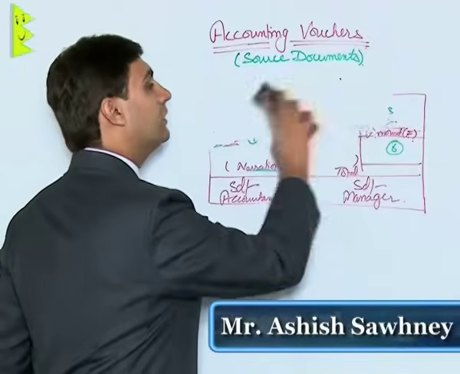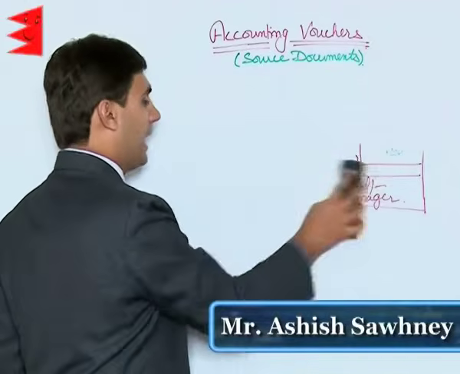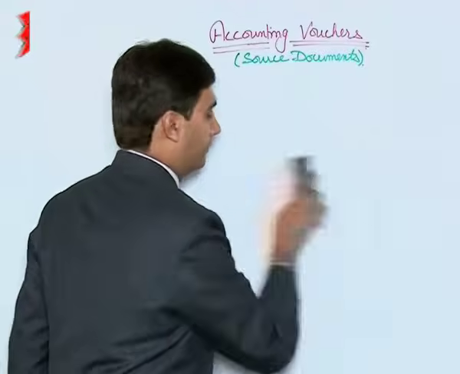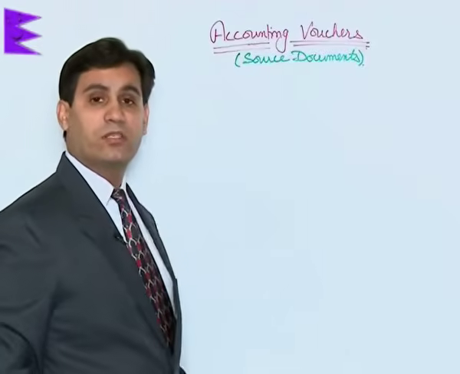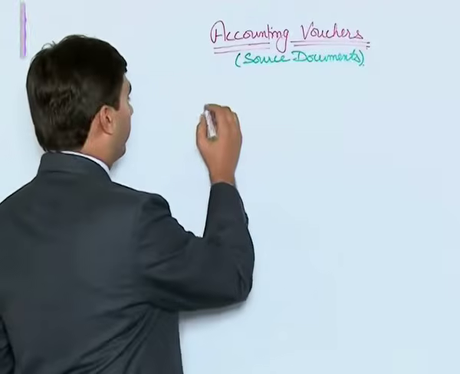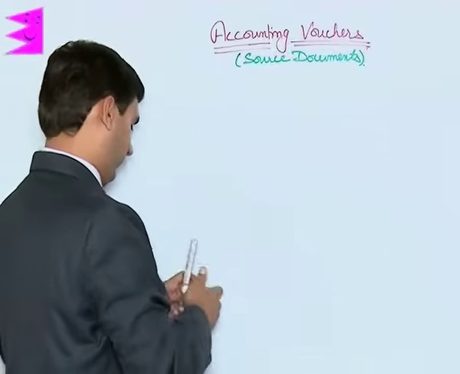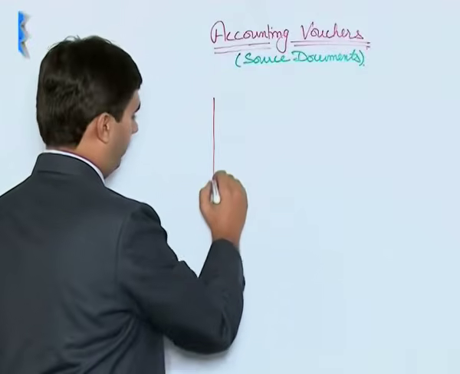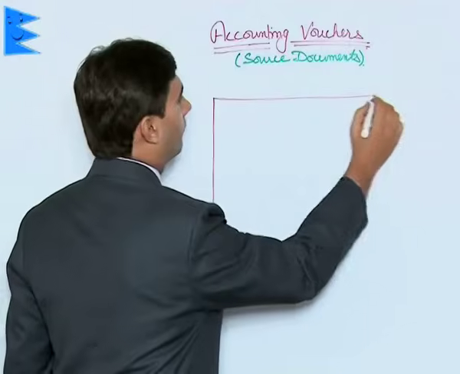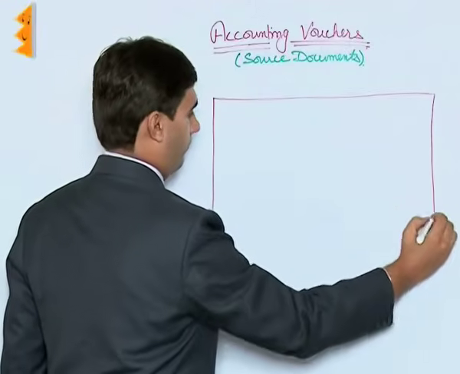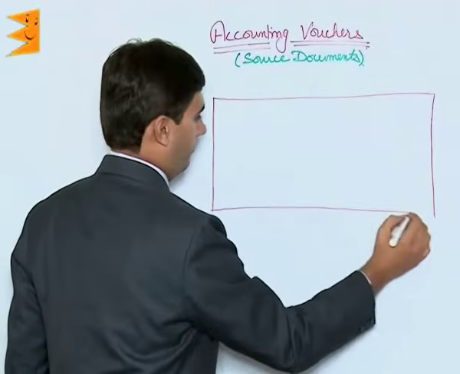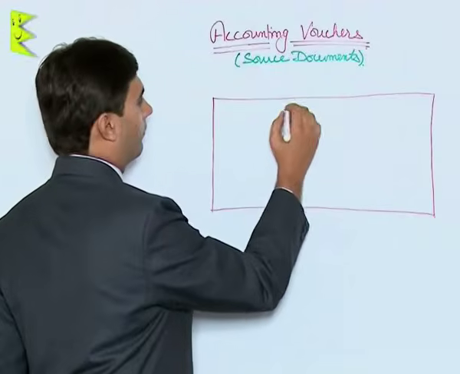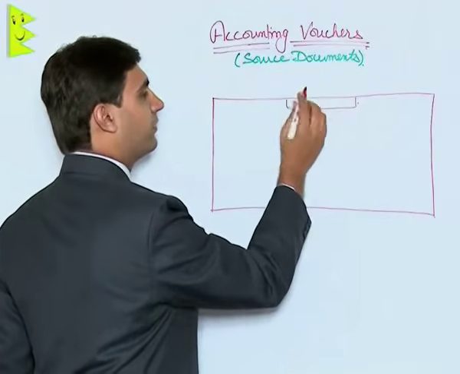It has both the details, that is the debit and the credit accounts. Let us understand the format for the transfer voucher as well. It has the name of the firm.